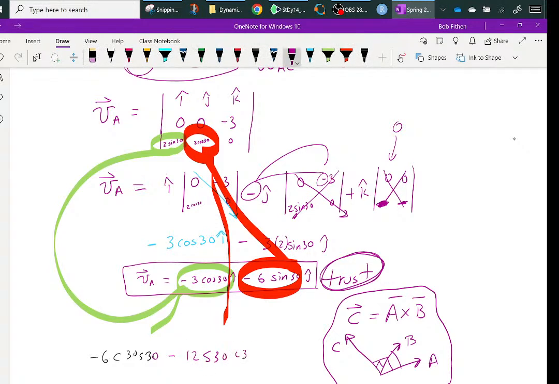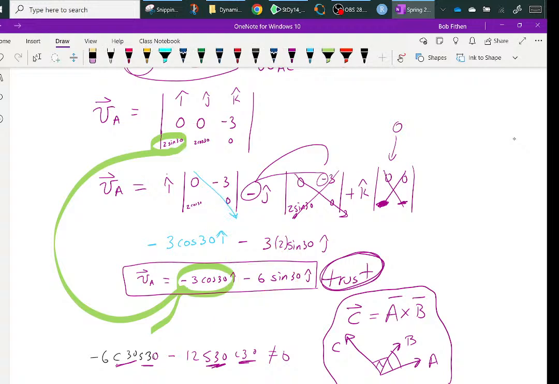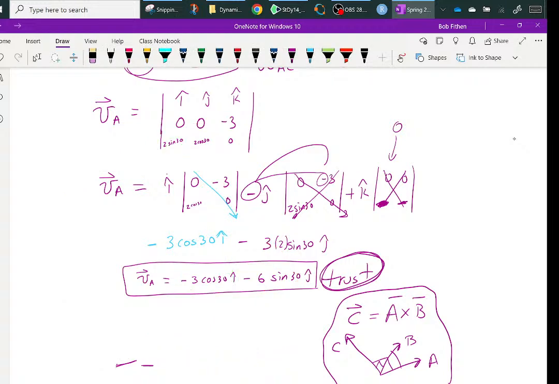So that's what I mean, sine of 30 and cosine 30. So this cosine 30 and sine of 30. But the first thing you see is this is not equal to 0. So this should make you worry for a second, say, hey, somehow I messed up. So the question is, how do you diagnose it?